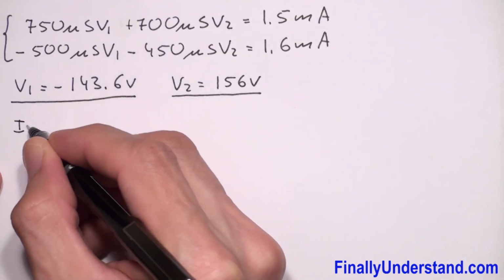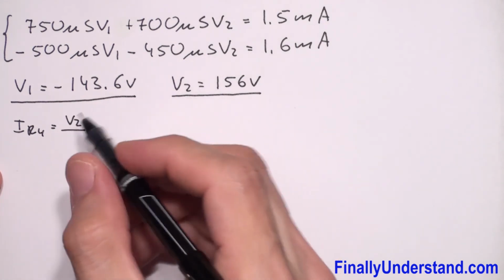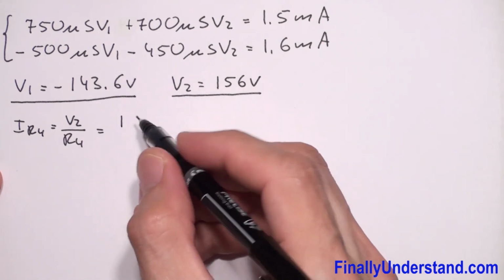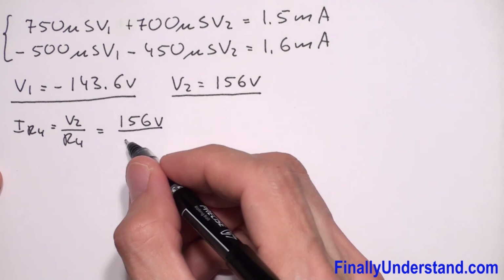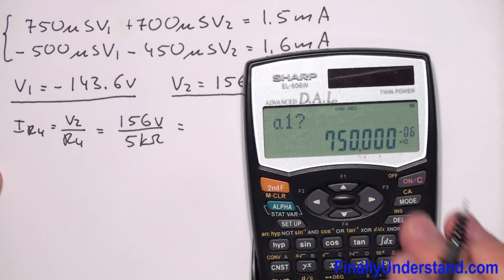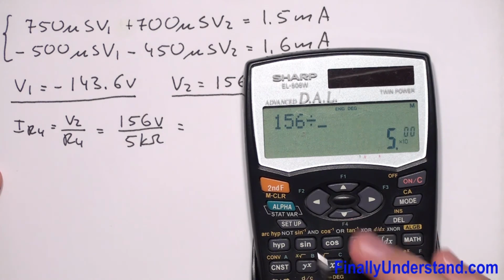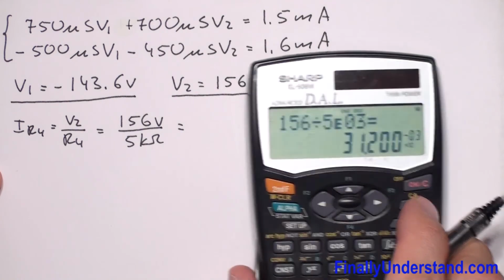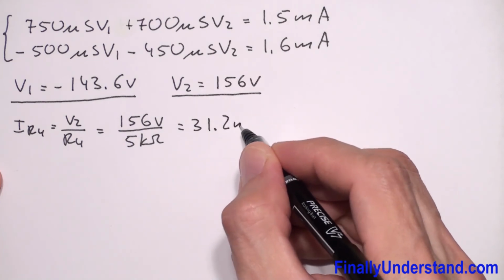So I have IR4 is equal to V2 over R4, where V2 is equal to 156 volts divided by R4, which is equal to 5 kilo-ohms. So 156 divided by 5 exponent 3 is equal to 31.2 milliamps.